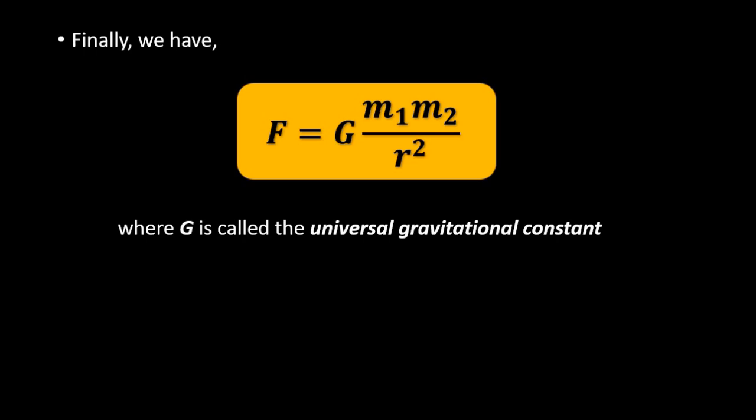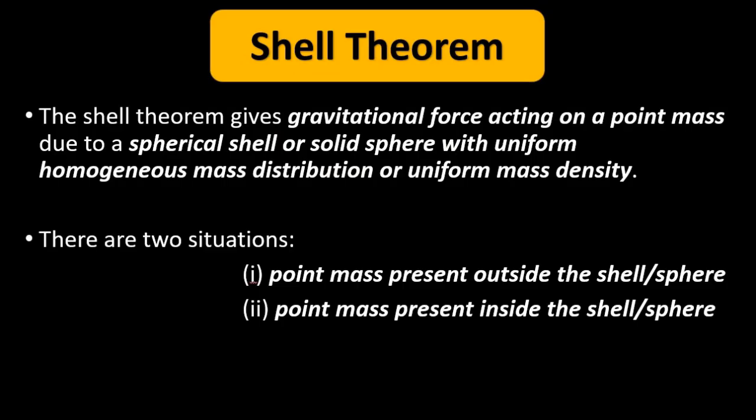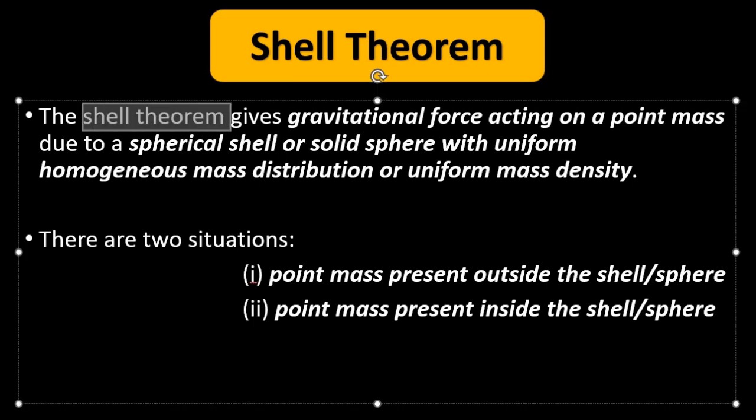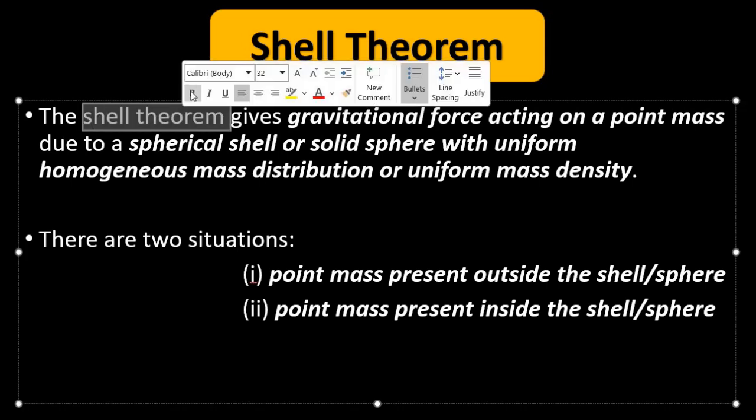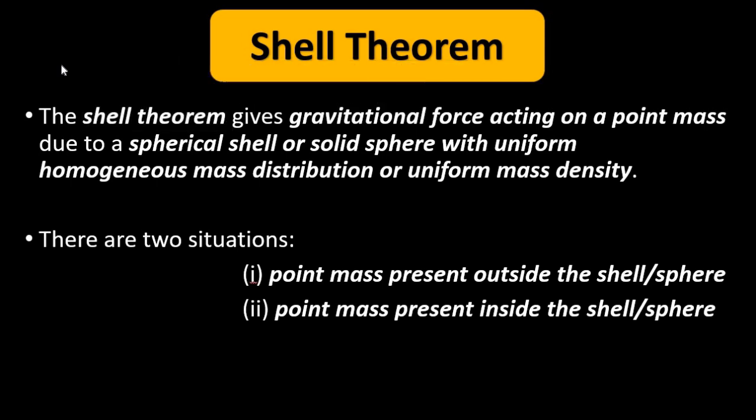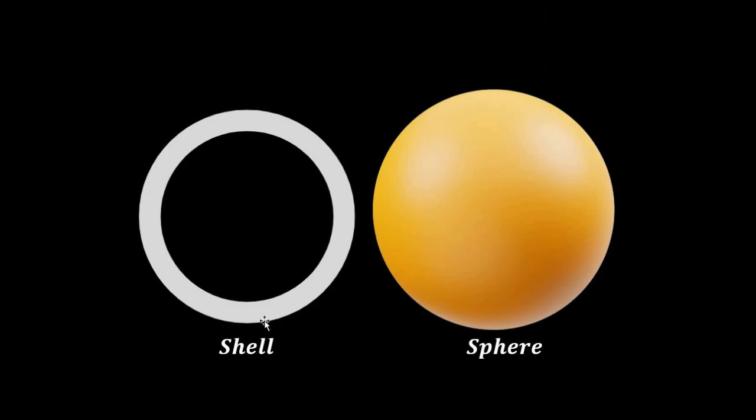Now, what the shell theorem does is that it gives us the magnitude and direction of the gravitational force acting on a point mass due to a solid sphere or a spherical shell in which the mass distribution is homogeneous, that is, uniform.